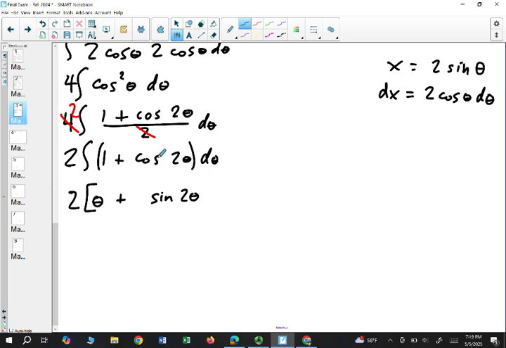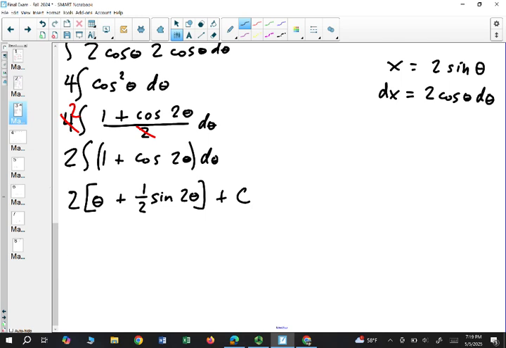And then we have to figure, when we take a derivative of sine of 2 theta, we're going to end up multiplying by 2. This one doesn't have the 2, so what must have happened? It must have been multiplied by a half. Okay, so we have 1/2 sine of 2 theta plus c.